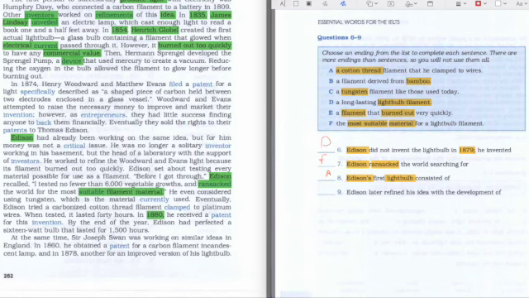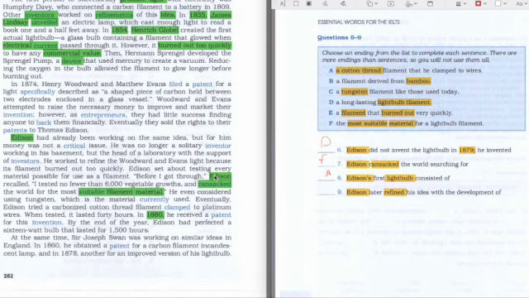We'll go further to the last sentence. Edison later refined his idea with the development of something. So our keyword is going to be refined. What exactly did he refine?